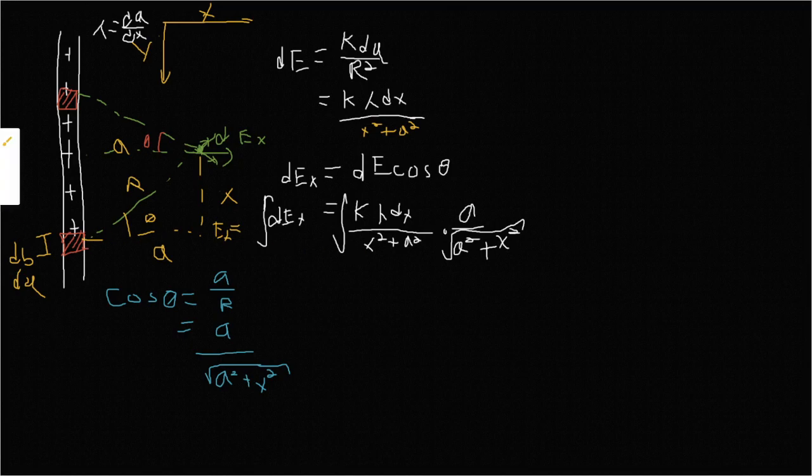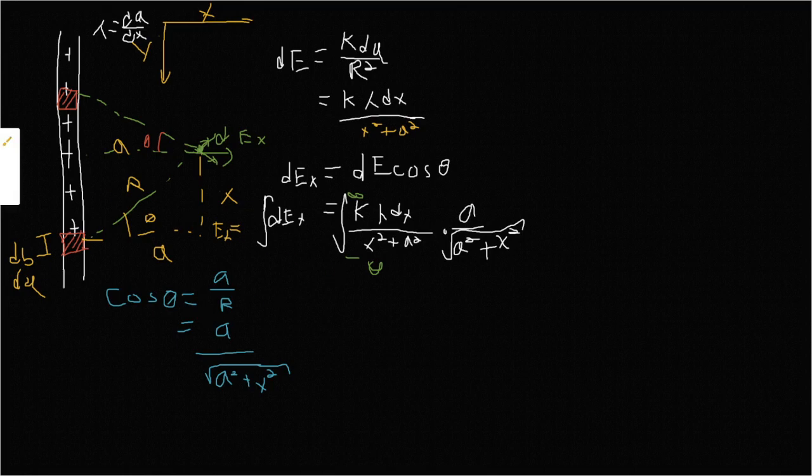And so we need to integrate this from some bounds of integration. Because this is an infinite line of charge, we go from negative infinity to positive infinity. And so we're going to look at anything we can pull out of this integral.